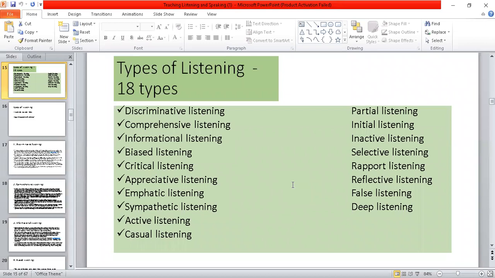We have never thought of these types of listening. We have always thought listening is listening, right? And we never thought listening can have so many types. Take 5 minutes and look for what discriminative listening is, what comprehensive listening is, okay? Wait, 1, 2, 3, 4, 5, 6, 7, 8, 9, 10, 11, 12, yeah, 18.